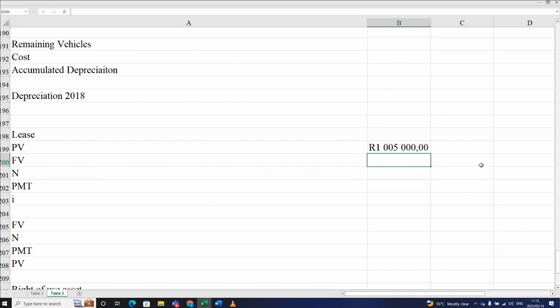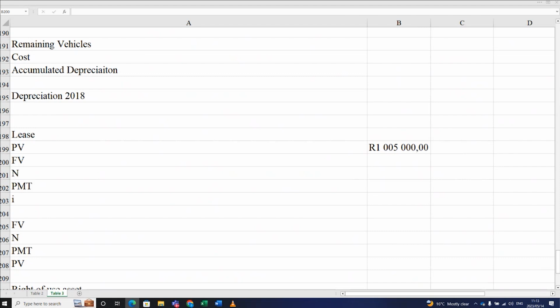Then the future value consists of the guaranteed and unguaranteed portion of the residual value. Here in the question, they gave us the residual value. The theory is that the residual value will be equal to the estimated market value of the asset at the end of the lease term. This will enable the lessor to sell the asset for that amount.